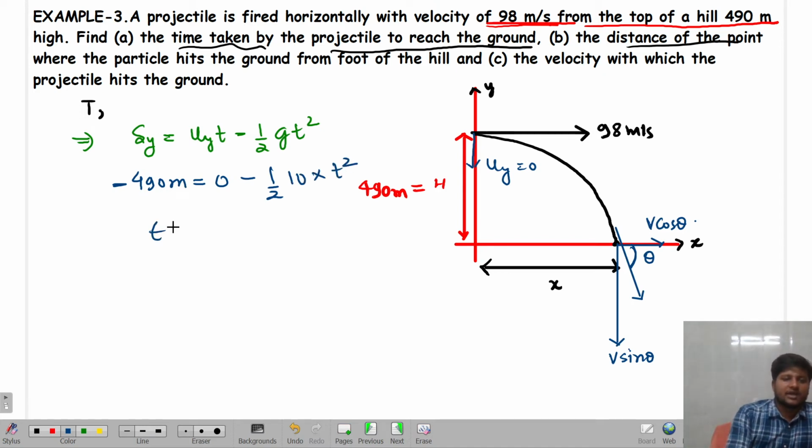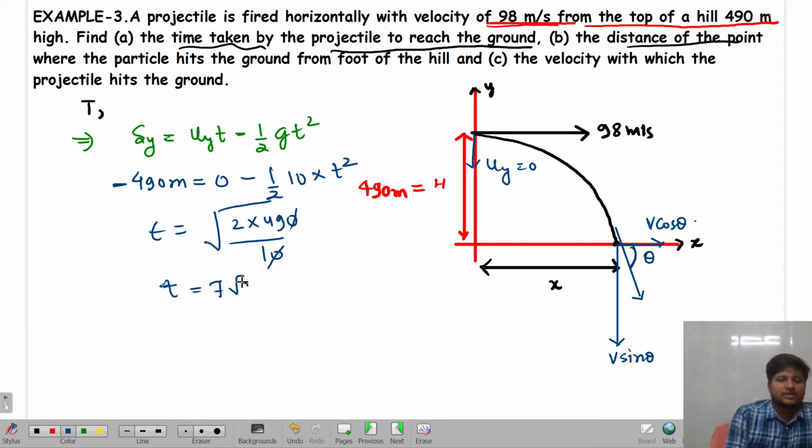Now look over here, what is the time you calculated? That is equal to root over 2 into 490 divided by 10, the zeros cancel, and what you got as time is 7 root 2 seconds. Yes or no? That is simple or not? Time is 7 root 2 seconds, that will be approximately 9.4 or something like that. Got it or not?